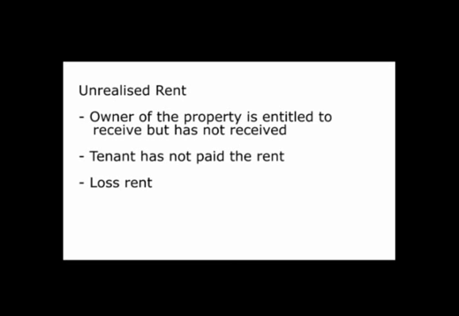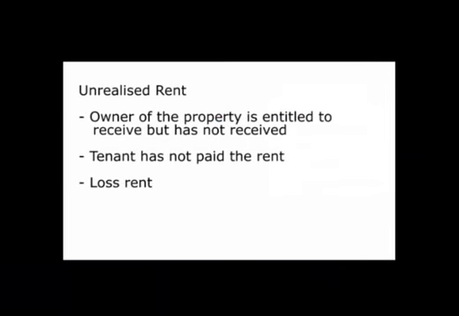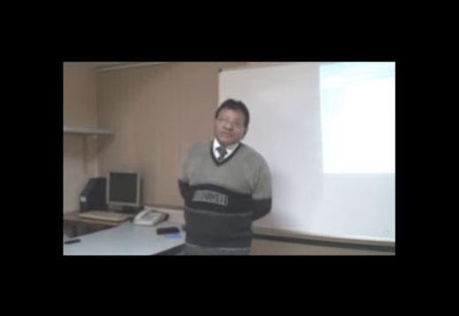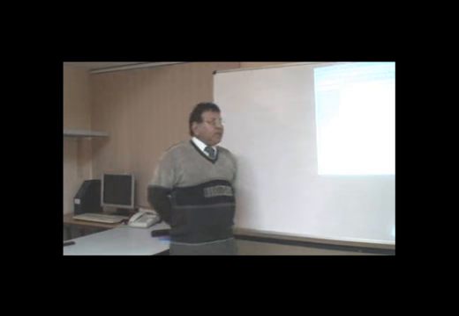In other words, we can say this is a lost rent, the rent which has been lost by the owner of the house. If that is the case, the deduction is allowed on account of the unrealized rent, provided some conditions are fulfilled to avail of this deduction under the computation of income from house property.